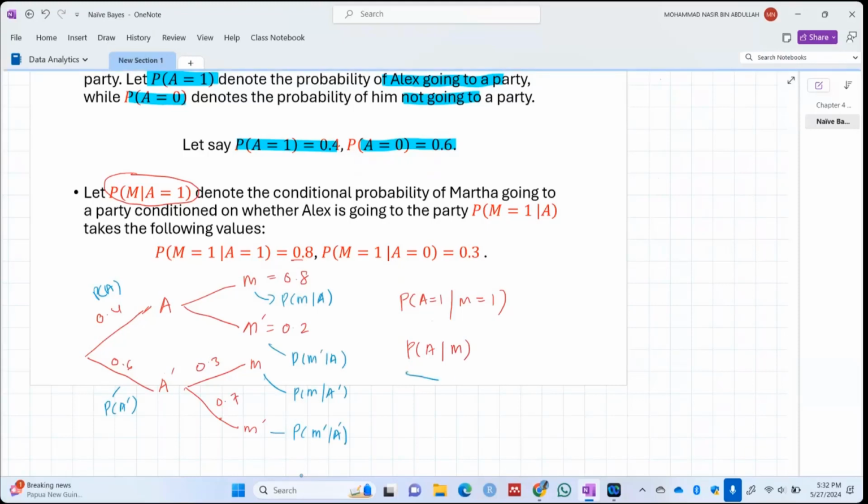If you want to know the probability Alex is going to the party, given that Martha is also going, it means that we know Martha is going.